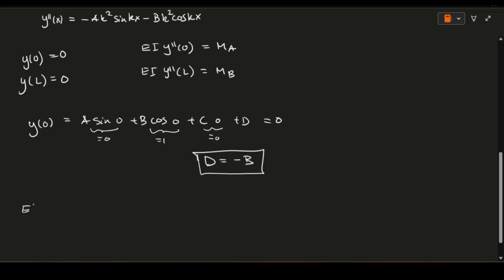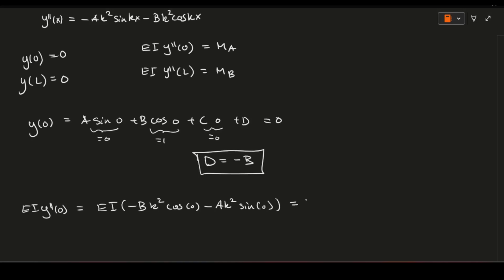Okay, we could use the other boundary condition at 0. So EI y prime prime at 0 is equal to EI times minus b k squared cosine 0 minus ak squared sine 0.